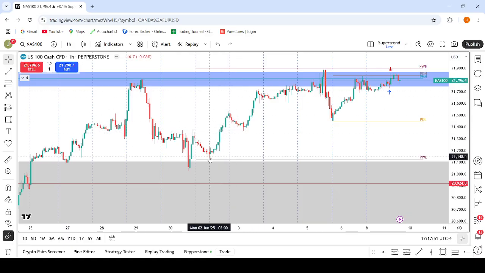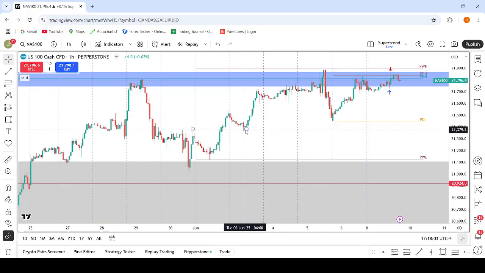Open, low, close, high close. Open, low, high close is what you're looking for each day. So we had that on the Monday. Also on the Tuesday, open, low, straight into our point. This would be our point of interest, I guess, which was the high of the previous day, or the Friday.